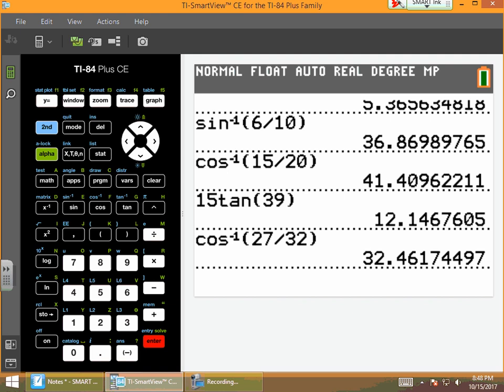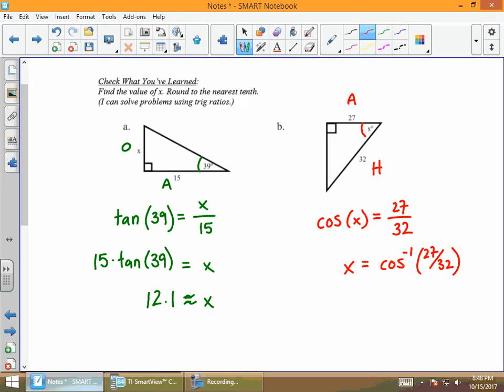This will give me about 32.5 degrees. And again, if I needed to find the other one, I would use the fact that triangles add up to 180 degrees. That is it for actually 4.2 and kind of 4.6 guided notes.